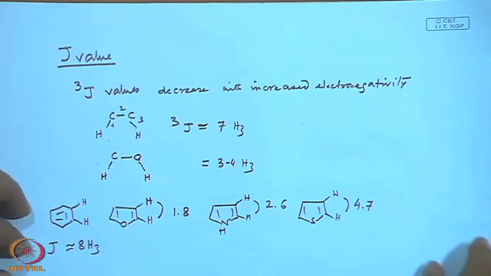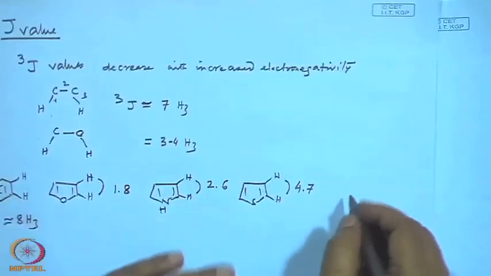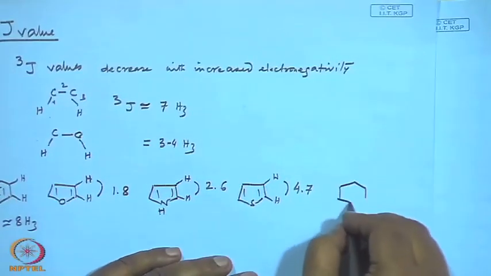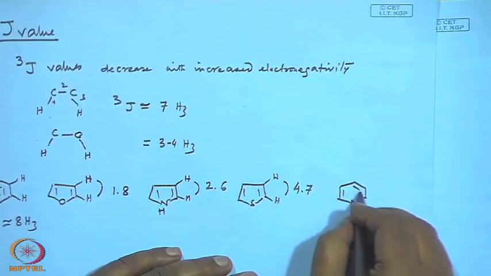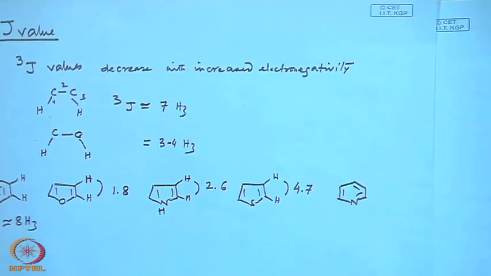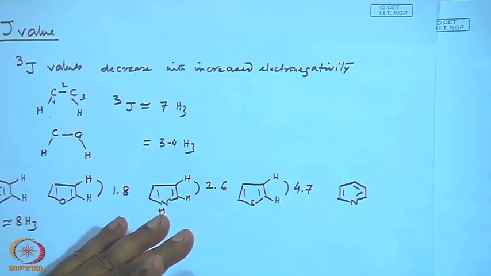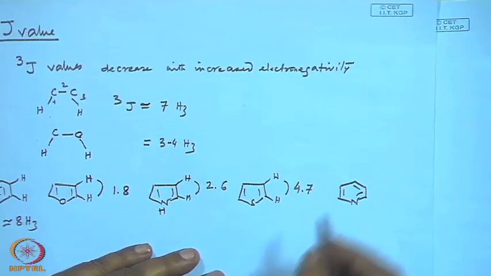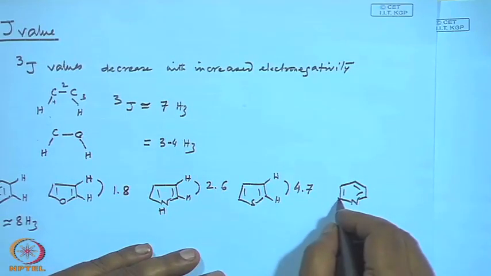To give you one more example, probably this is quite interesting. Suppose you are expecting a disubstituted pyridine, let us say, or just a monosubstituted pyridine. There are two possible structures.